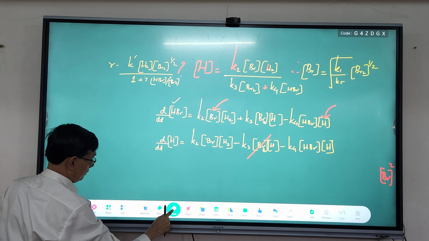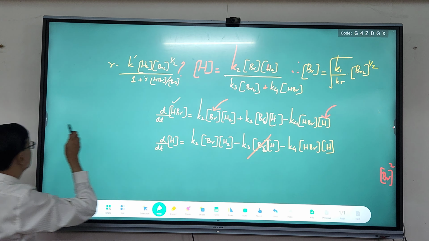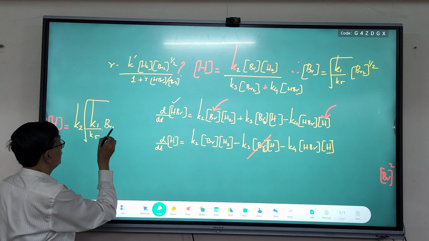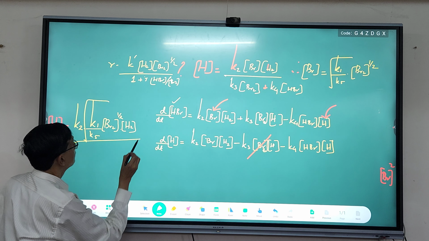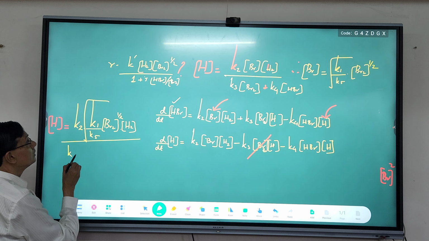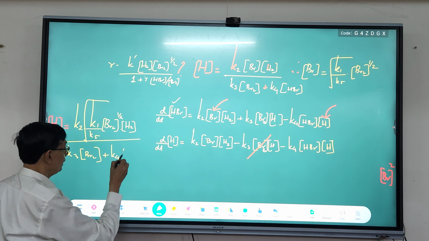So just see here, H is equal to k2, in place of Br I can write (k1/k5)^(1/2) [Br2]^(1/2), then of course [H2] divided by k3 [Br2] plus k4 [HBr].